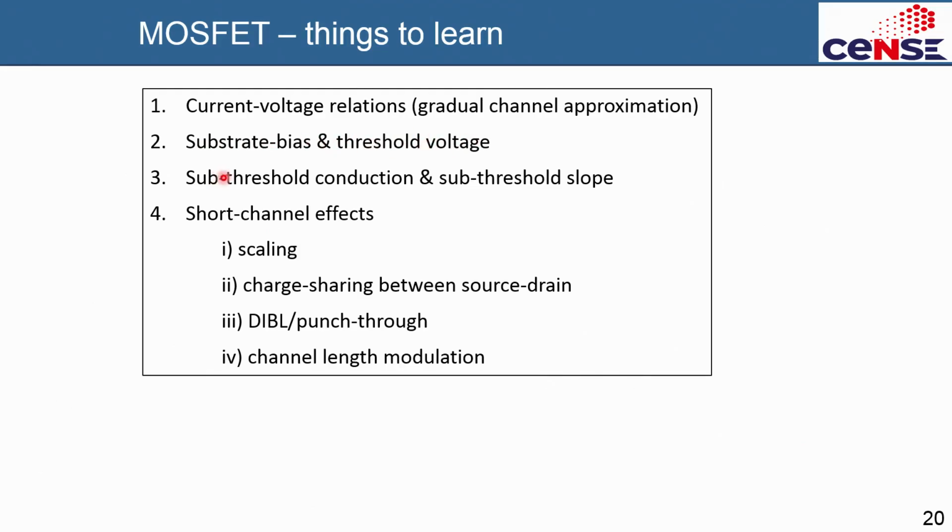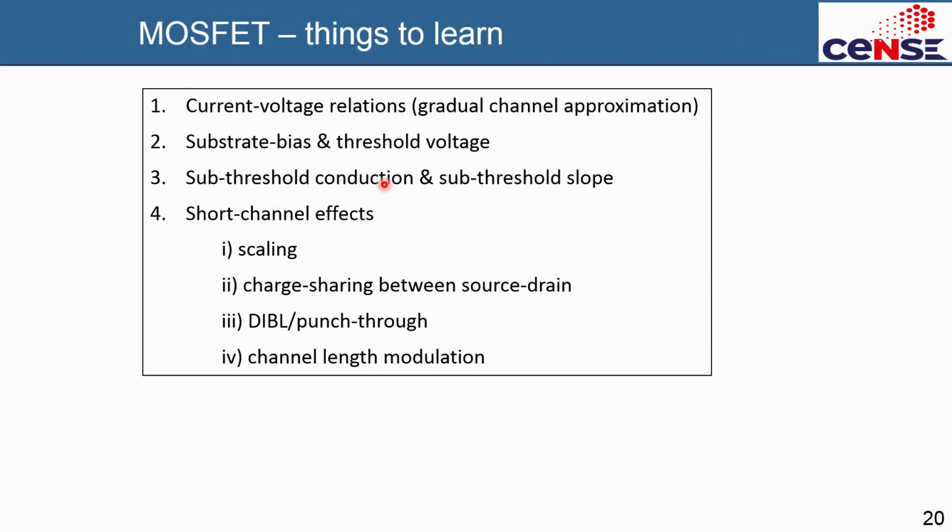The third point is very critical and it's called subthreshold conduction and subthreshold slope. What it means is that before you turn on the channel completely, before you reach strong inversion, there is weak inversion and there is a small amount of conduction that you cannot actually observe on a linear scale. That's called subthreshold conduction.